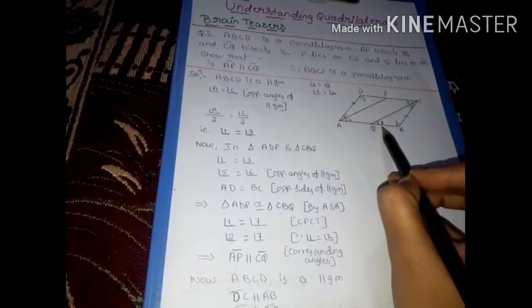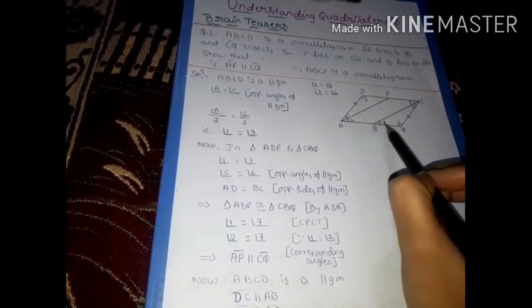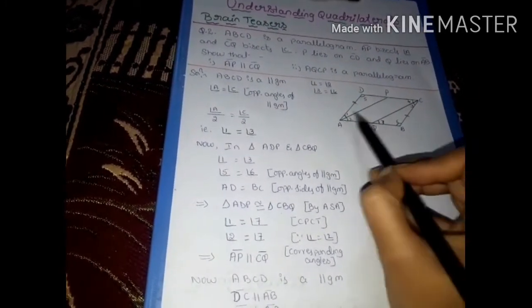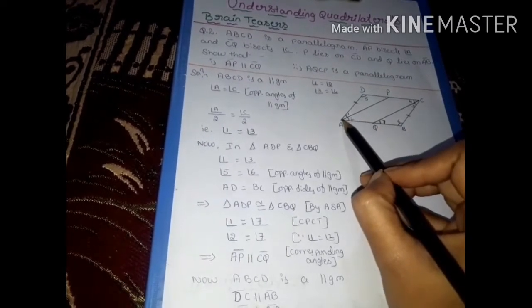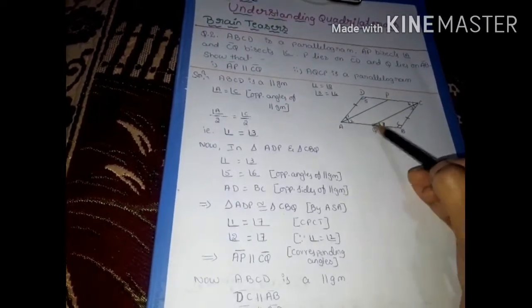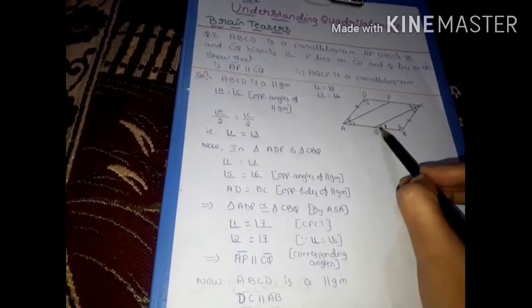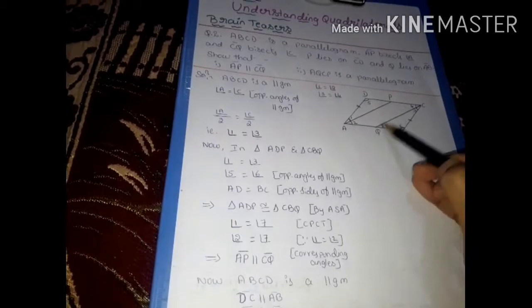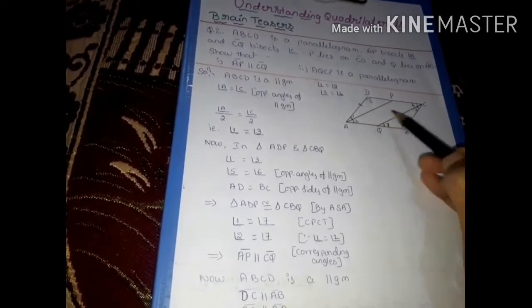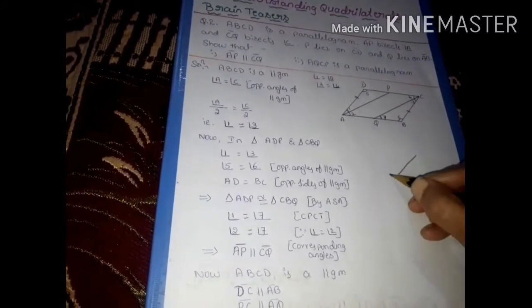When these two angles are equal, these two act as corresponding angles for AP and CQ line segments. Then when corresponding angles are equal, the line segments are parallel to each other. Which line segments? AP and QC. Here I will show the diagram. This is AP line segment.